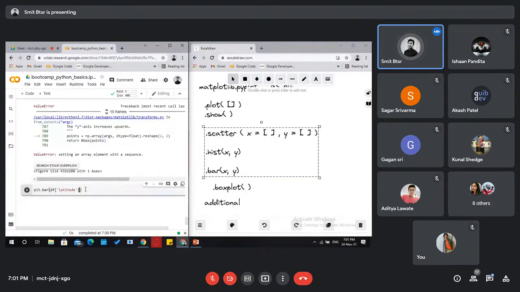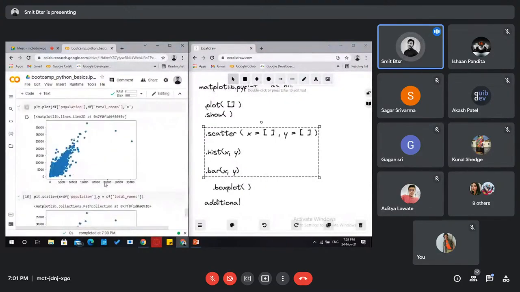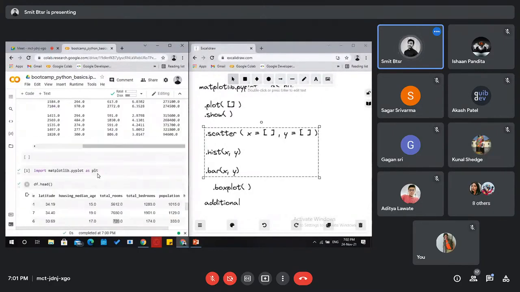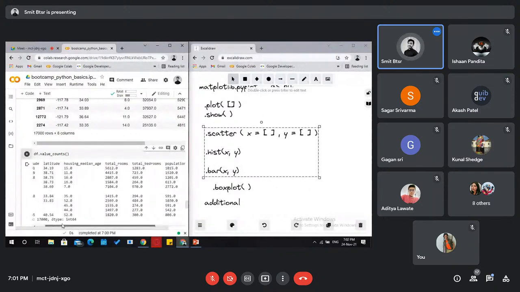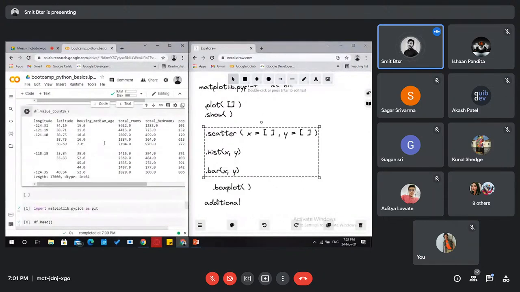Okay, longitude, comma, df, longitude. Am I writing the spelling correct? Let's see. Yeah, longitude. Okay.